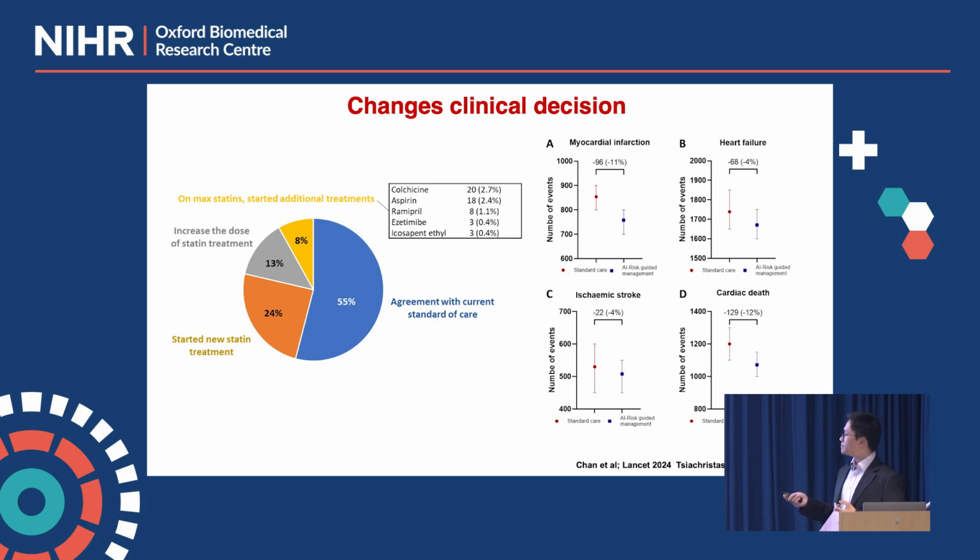And projecting the changes in the treatment and how they impact outcomes over a lifetime, we see that it reduced the number of heart attacks, heart failure, stroke, and deaths from cardiovascular disease over a lifetime horizon, and that shows the potential impact if we were implementing this in practice.